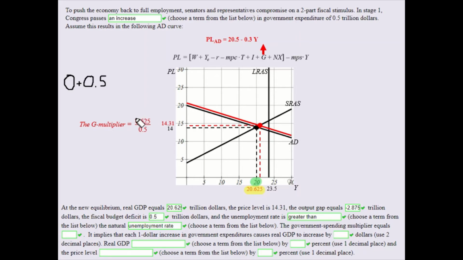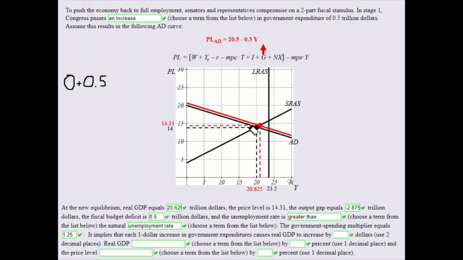So that difference is that. Okay? The denominator is the increase in government expenditure. So we get the increase in GDP divided by the increase in government expenditure. And we get a multiplier that's only 1.25, much smaller than it was in the Keynesian model.